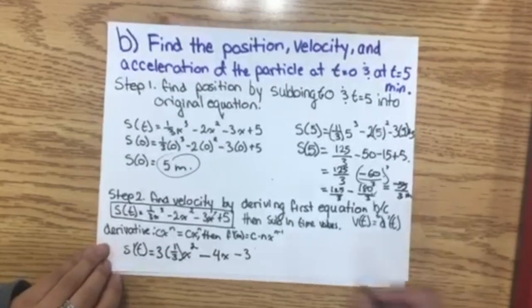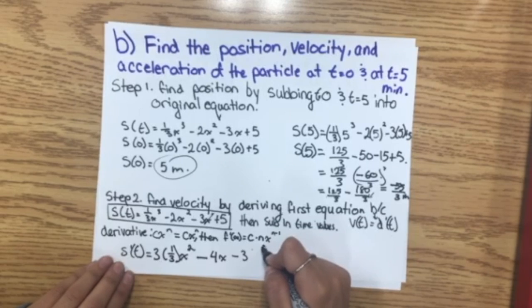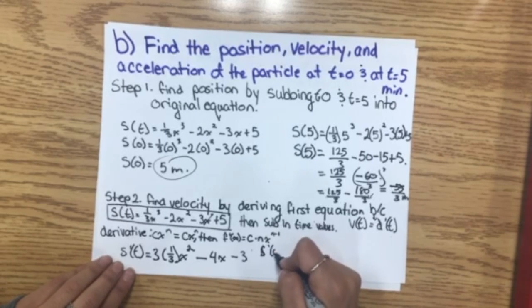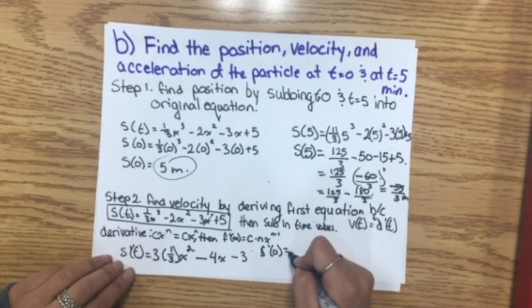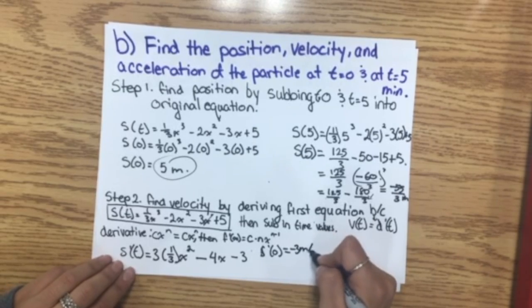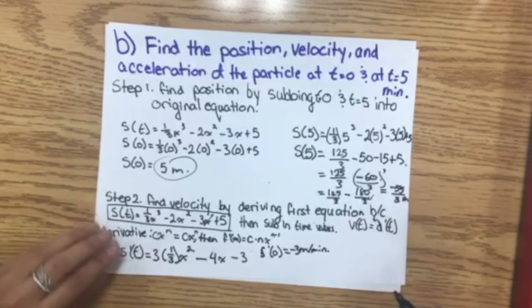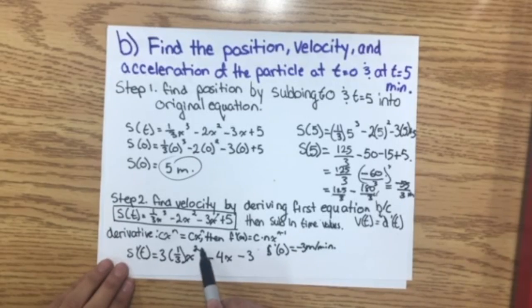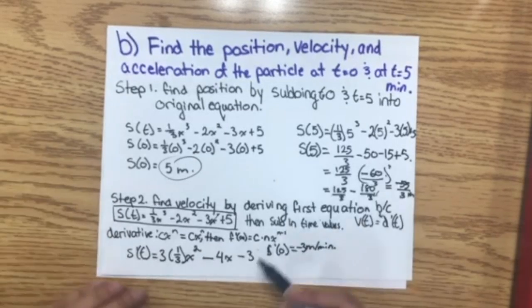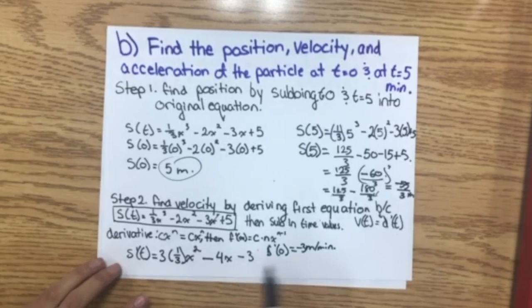Then find the velocity. So s prime at 0 is equal to negative 3 meters per minute. We know this because the first two terms would be 0, and we're left with negative 3.